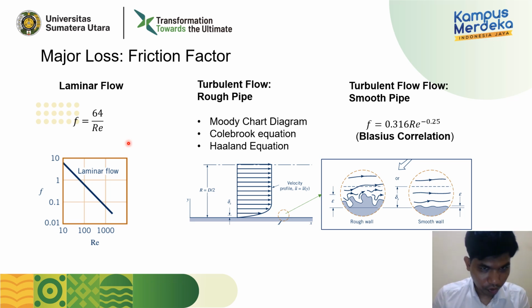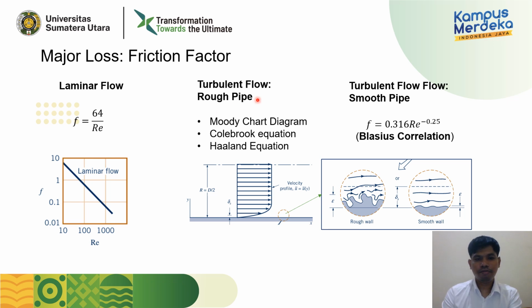After you calculate the Reynolds number and find that the flow is laminar, you can directly use this equation without knowing whether the pipe is smooth or rough. But if you find that the flow is turbulent, you need to know these two things.